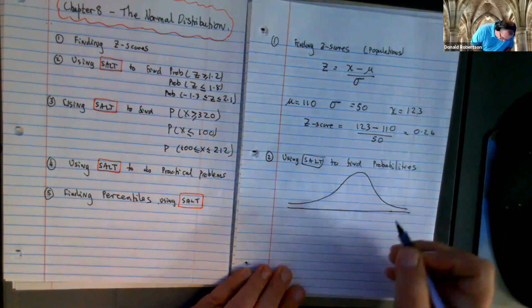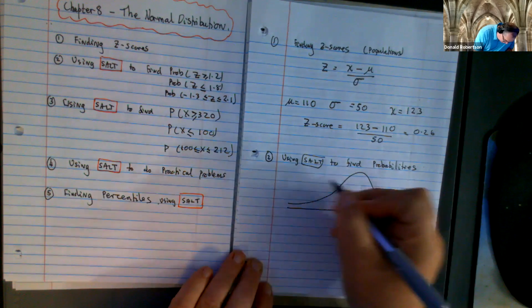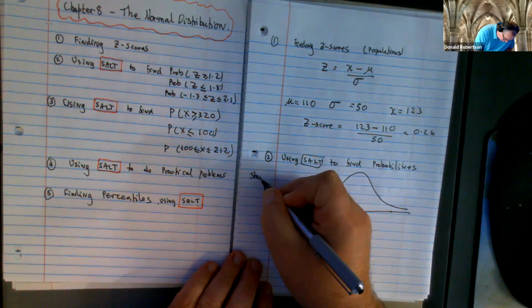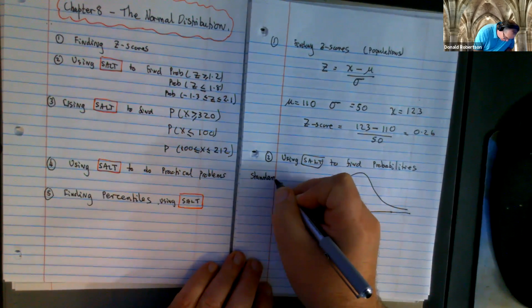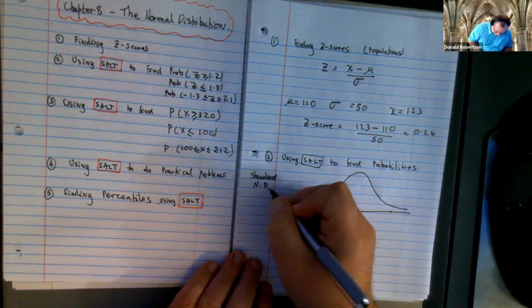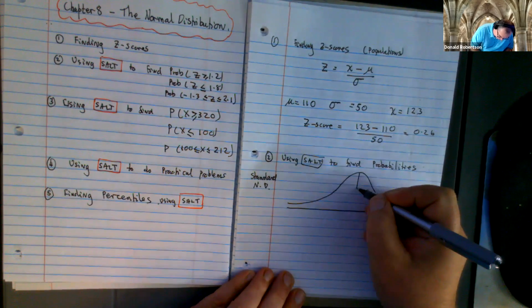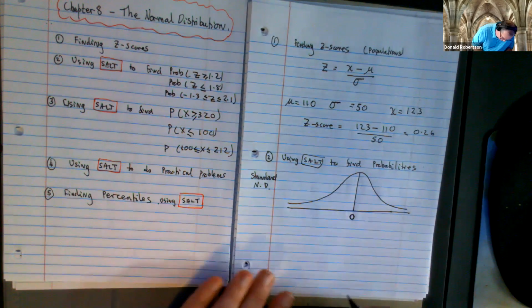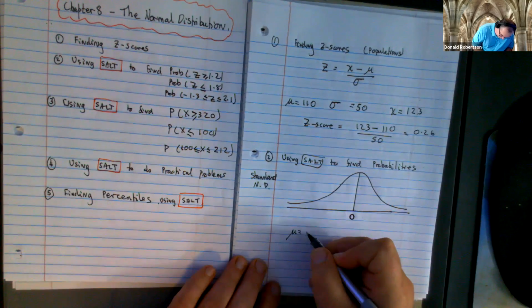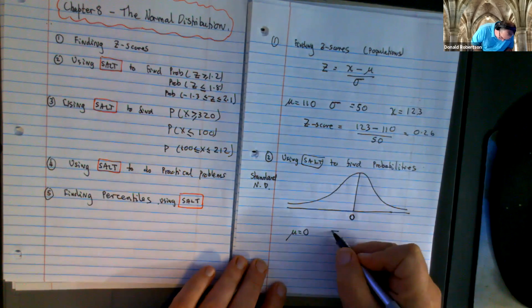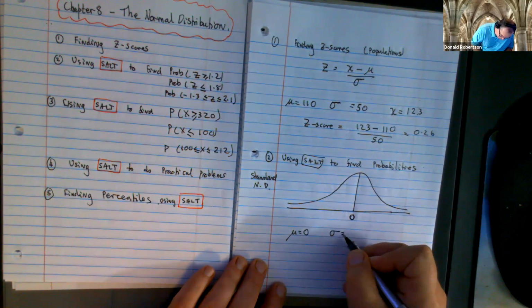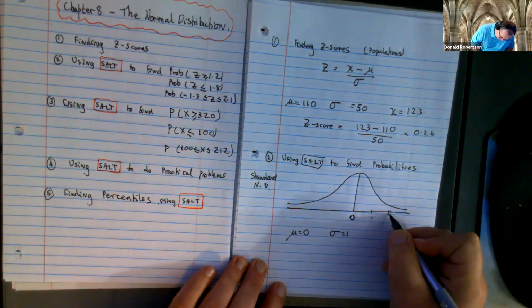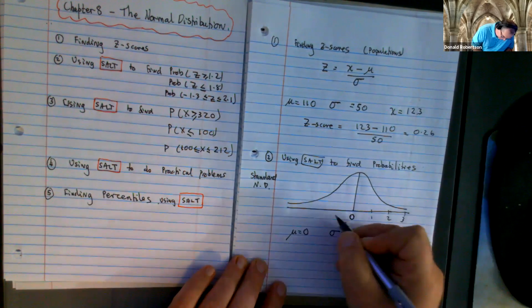In fact, not just the normal distribution, let's do the standard normal distribution. That's the one that uses the z-score. The mean for a standard normal distribution is 0, and its sigma, its standard deviation, is 1. So if you were drawing a sketch, it would look something like this.